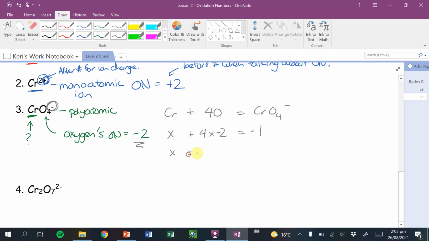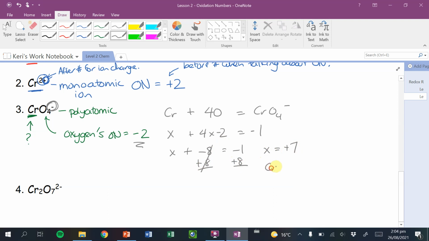So I have X plus -8 equals -1. That's just the 4 times the -2. I want to get X by itself, so we add +8 to each side so that the 8s cancel out, and I get X equals +7.